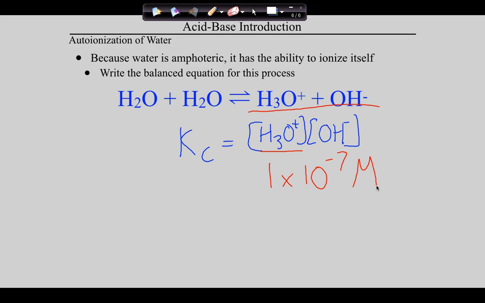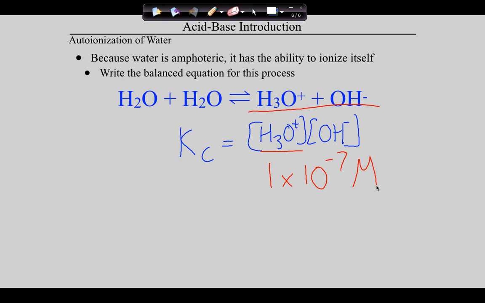pH. Guys, pH is the negative log of the hydronium ion concentration. And you may be able to do this in your head. What is the negative log of 1 × 10⁻⁷? 7. That's why the pH of water is 7. And again, guys, Daniel asked, why do we care so much about hydrogen? Why don't we do PN? Well, guys, our whole world is based in water, quite literally. And this is why we say that pH 7 is neutral.